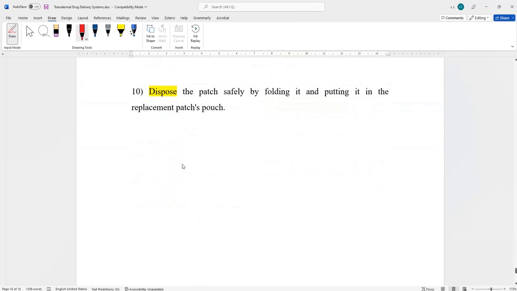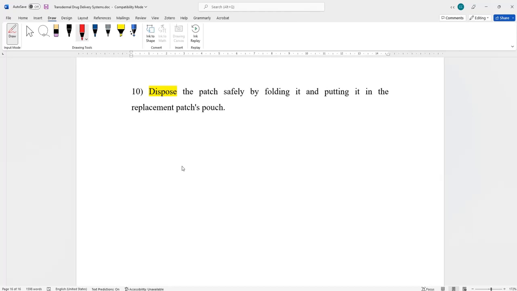Now suppose you want to use a new patch. How will you dispose of the old one? What you do first, open the package of the new patch, remove the new transdermal drug delivery system, and then you have the pouch or the package of the new one.